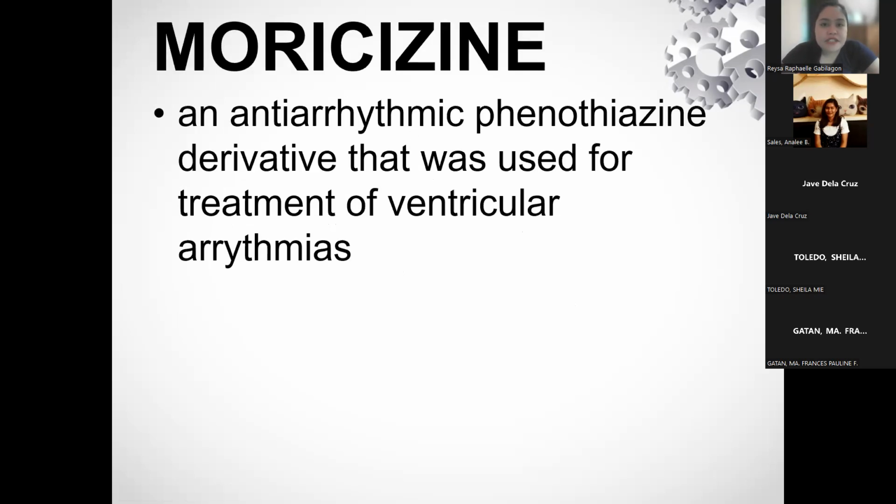And then we have moricizine, which is an antiarrhythmic drug that is a phenothiazine derivative. We have many drug classes that are phenothiazine derivatives. We have a lot of phenothiazine agents classified as antipsychotic drugs. They are a family because they are derived from that structure. But this one is a phenothiazine derivative used for arrhythmias, specifically ventricular arrhythmia.